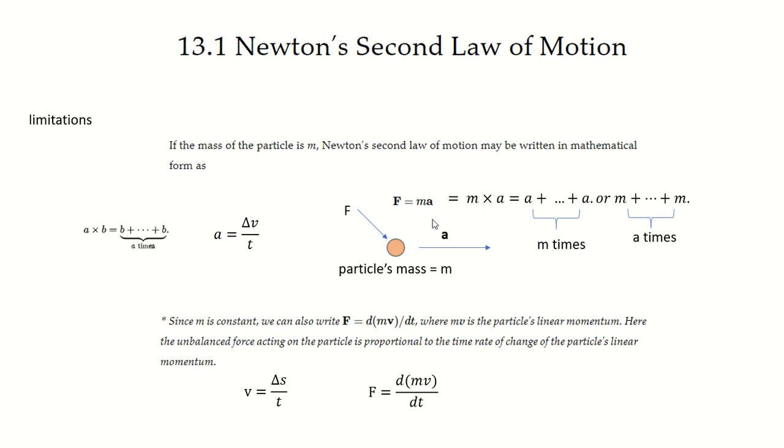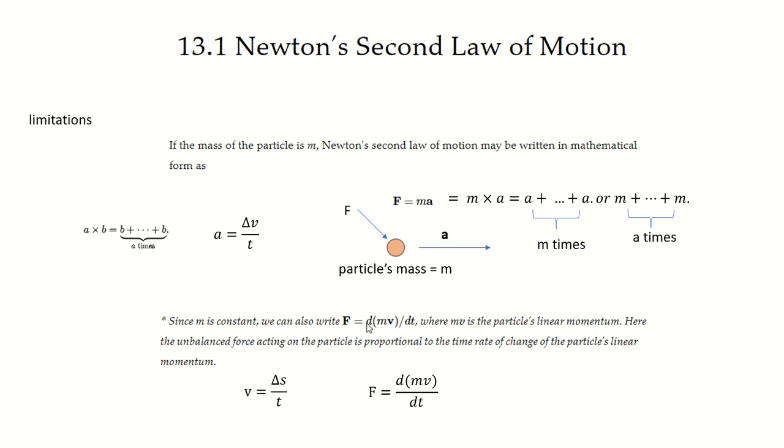Since this little m doesn't change, constant means it doesn't change in that moment, we can also write it as the rate of change of momentum, because we can write acceleration in terms of velocity, and when we do that, you have another multiplication operation between mass and velocity, and we call this quantity momentum.